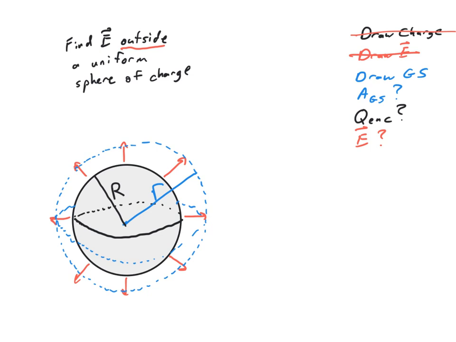Okay, so I've drawn an okay but not perfect Gaussian surface. What is the area of that Gaussian surface? The area is going out to little r, and we had this in the previous video. Area of a Gaussian surface that is a sphere is 4 pi little r squared. Q enclosed.